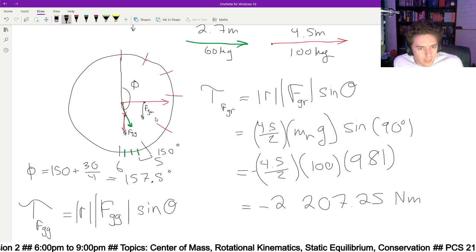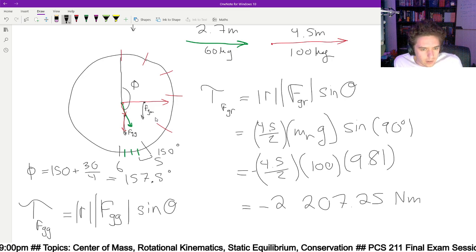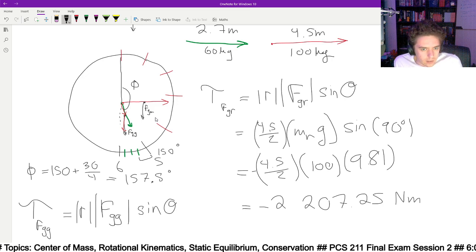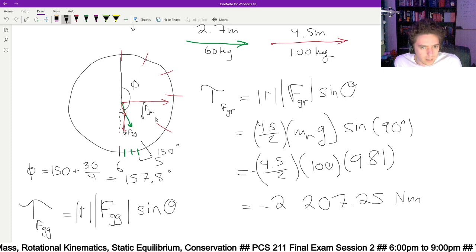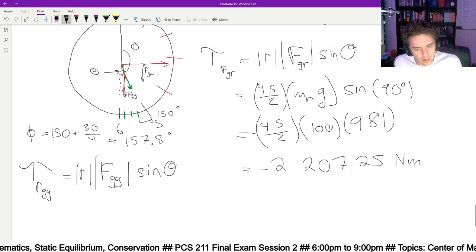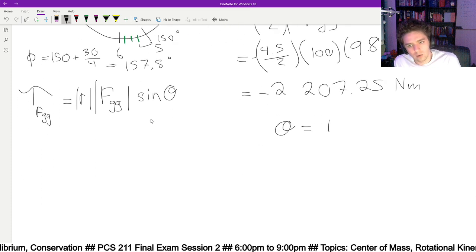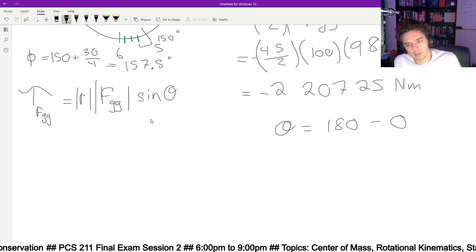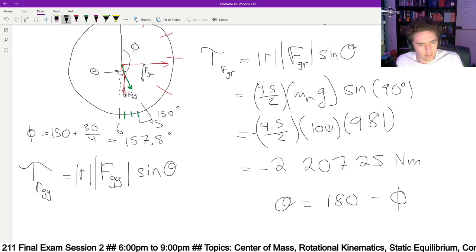And so now we can figure out that this angle in there, that's what theta is going to be, right? That's theta. I'll write it over here. Theta is 180 minus phi, right? 180, take back that amount that we didn't go.